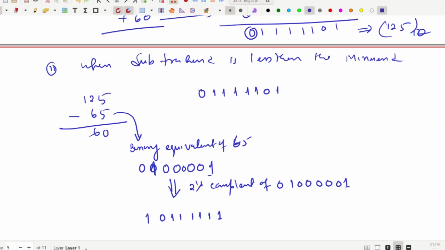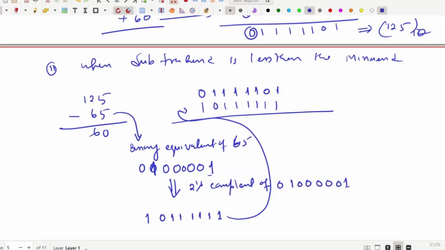Then we simply add this number with the positive number. We perform addition, here this is 1 0 1 1 1 1 1 1. Then we simply perform addition of both numbers. Here we do not use subtraction, we use only the concept of addition with the help of 2's complement.